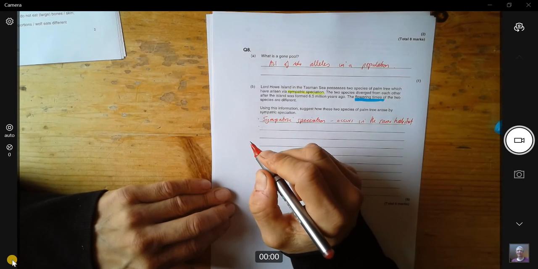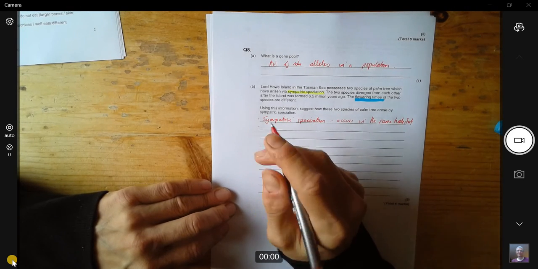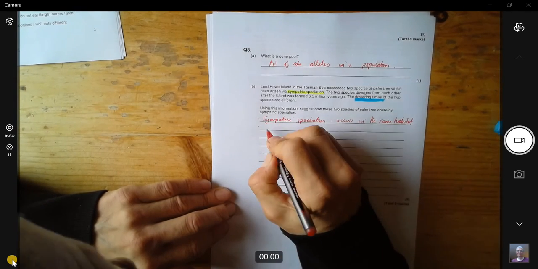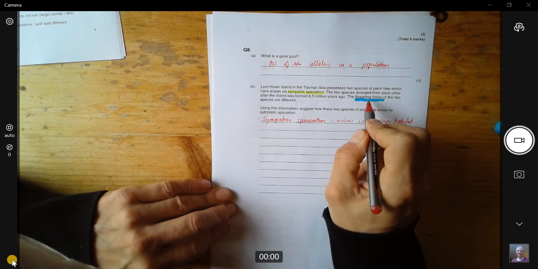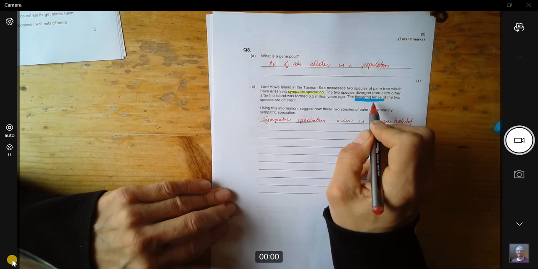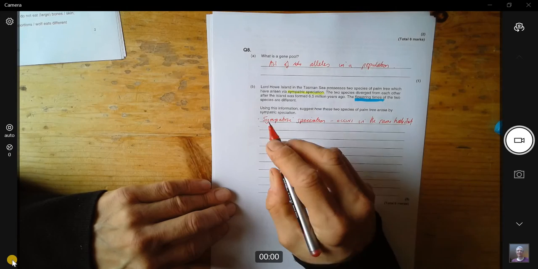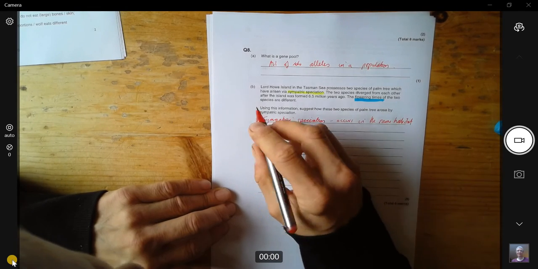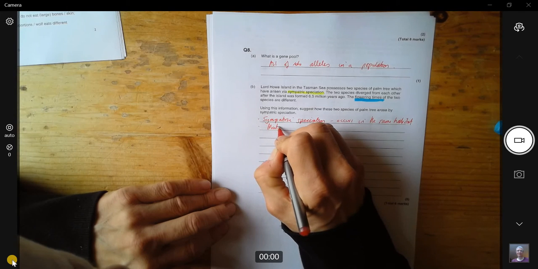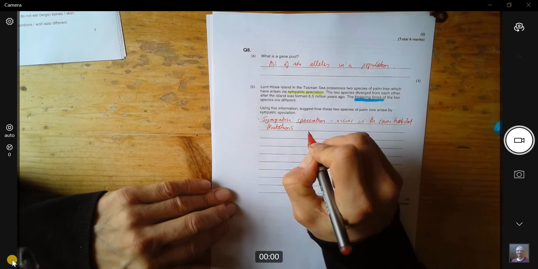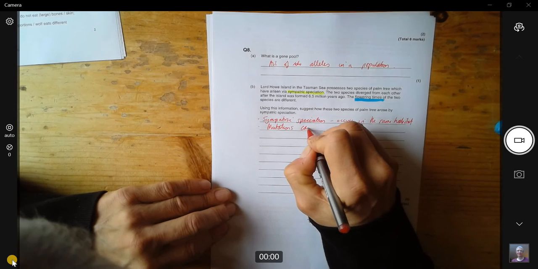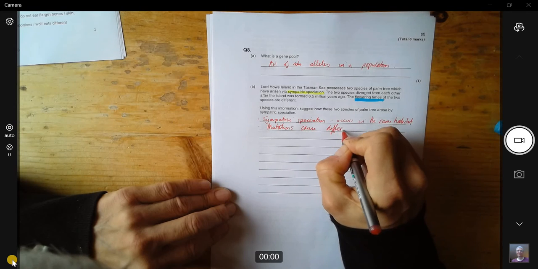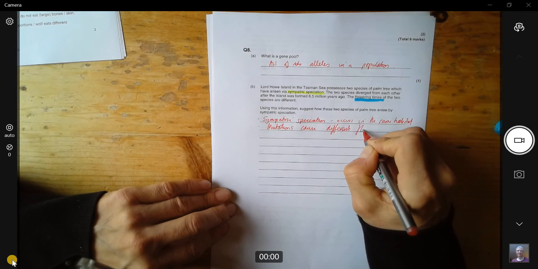The second thing we can say is what we're always going to say with natural selection and variation. So we've got these 2 flowering times. How did they come about? Why are there 2 flowering times? What's made that happen? And the answer, as ever, is mutations. So mutations cause the different flowering times.